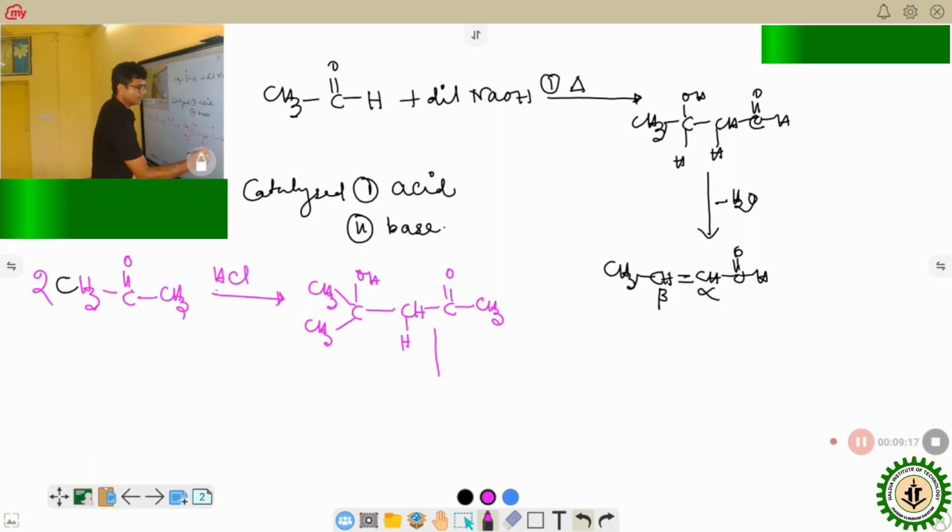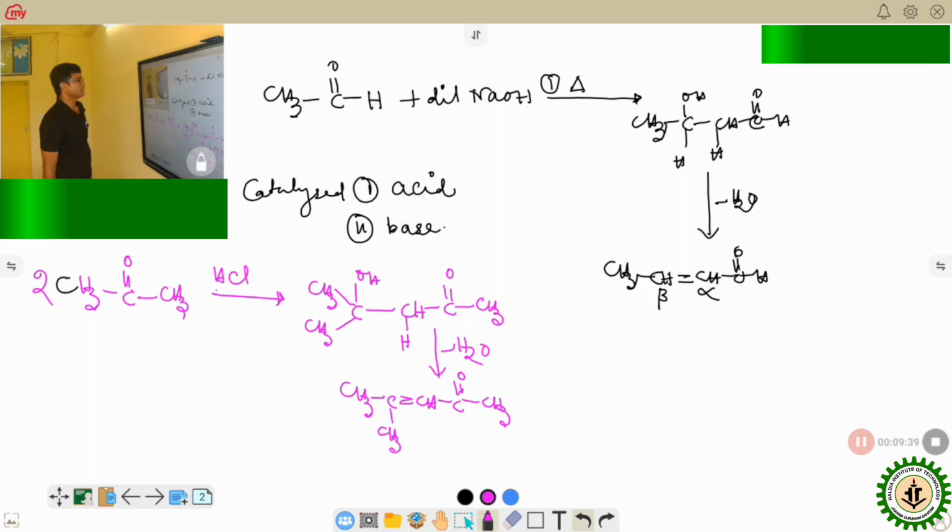Now in presence of acid, water will be eliminated from this hydroxyl group and it will form this alpha beta unsaturated ketone. So here no heating will be required. In presence of acid, alpha beta unsaturated ketone is formed.